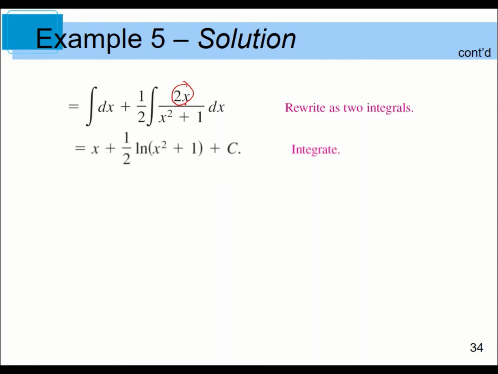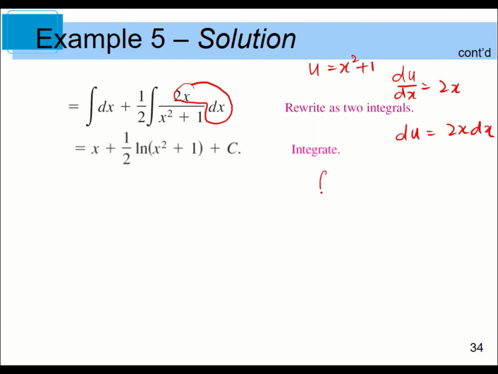Now for this part, you can let u be x squared plus 1. And the u prime, differentiating u, will give us 2x. So du dx is actually 2x, so du will be 2x dx. You can see here this 2x combined with dx gives us the du.